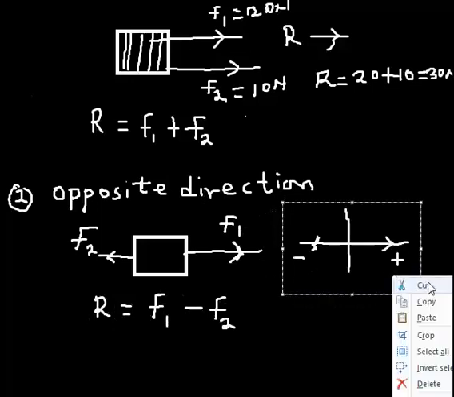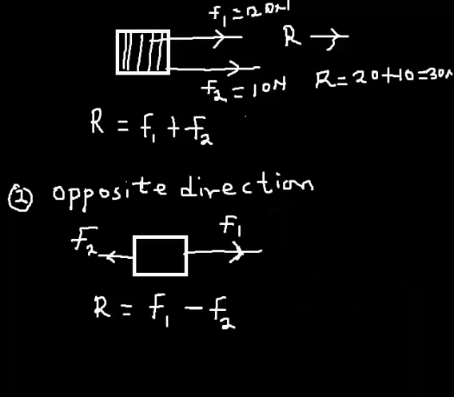Now the question is, which direction do you think the resultant will go? The resultant will go in the direction of the larger force. That means if I have two individuals dragging on this load, the load will have to go in the direction of the one that has the larger force, and in this case it is F1.